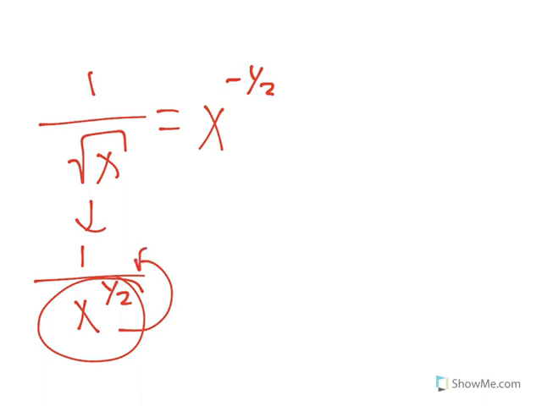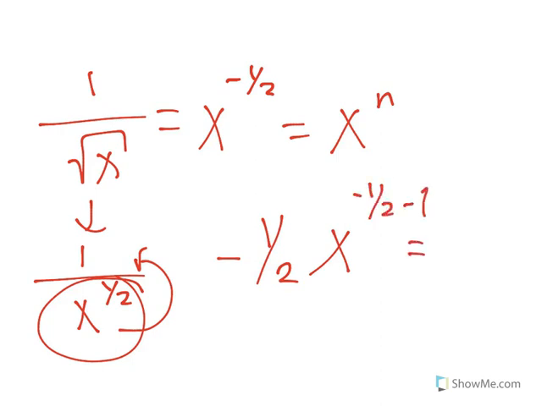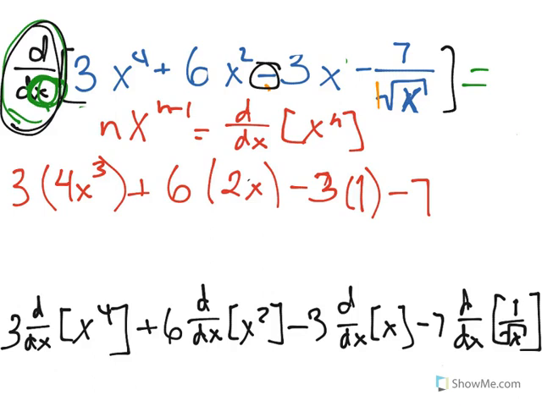So this is our x to the n form, where n is negative a half. So we bring the negative a half down times x to the power negative a half minus 1, which is negative 3 halves. So here we have negative a half x to the negative 3 halves.